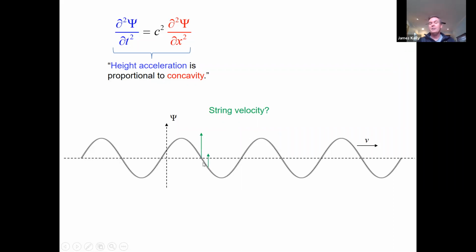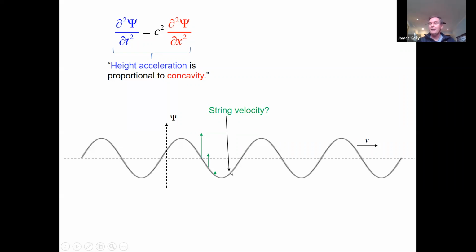And it's related to the slope of the string there. The slope is just a little bit smaller right here, and therefore the rate it's going up is a little bit less. Not surprising, the string velocity right before we get to the minimum is really small, because we're getting to a point where the slope is getting smaller.